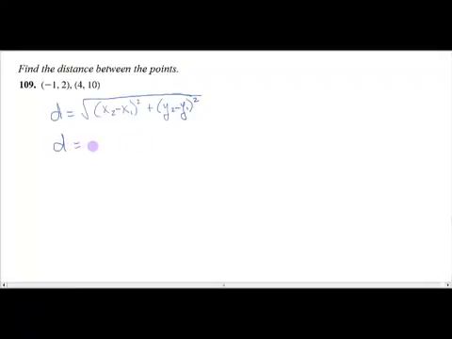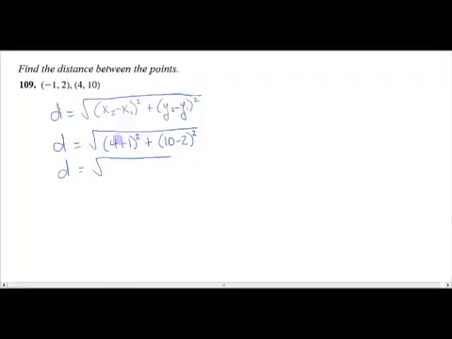So d is going to be the square root of 4 minus -1, so it makes it 4 plus 1 quantity squared, plus y2 minus y1, so that's 10 minus 2 quantity squared.